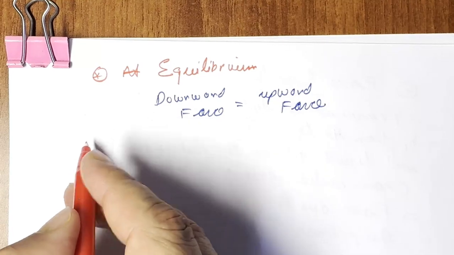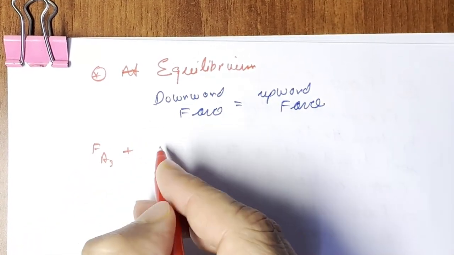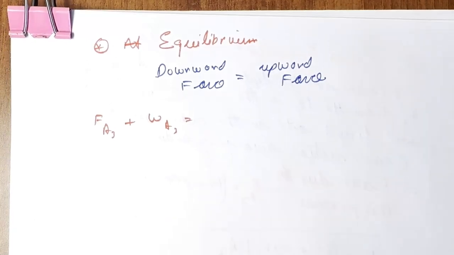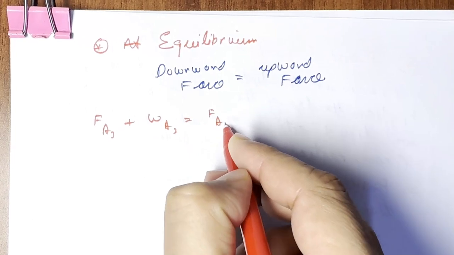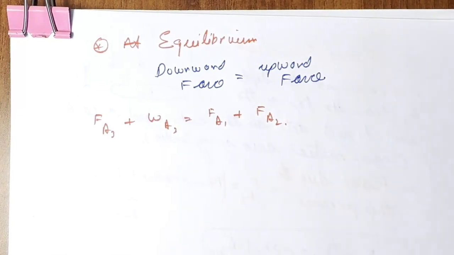So we put the downward force because of area A3, the weight associated with A3, or we can say the entire cylinder, and we have force because of area A1 plus force because of area A2.